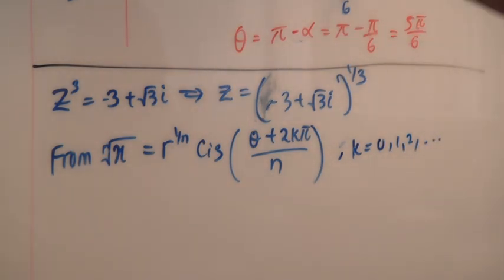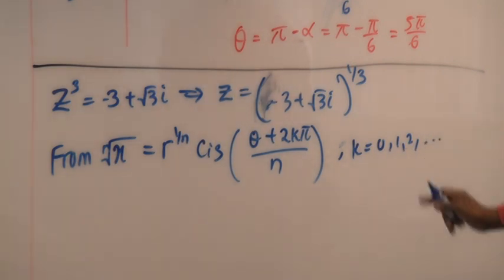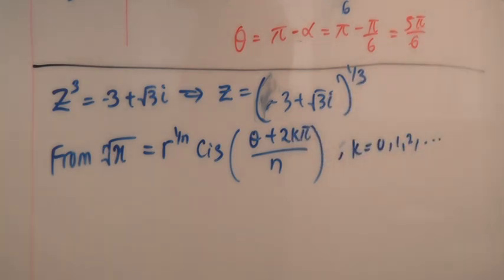Well, in this case, our argument is not from 0 to 2 pi or anything. Our argument considers a part of the negative. That's the only difference. I think this is the first time we are solving a question that requires a negative value of k. If you use 0 to 2, you realize it goes beyond the range of what the arguments will be.